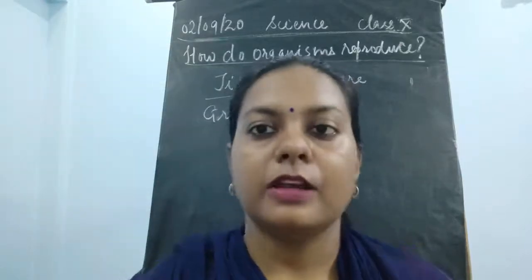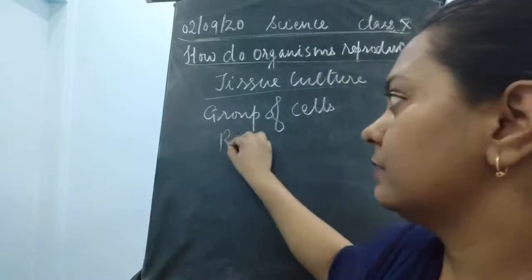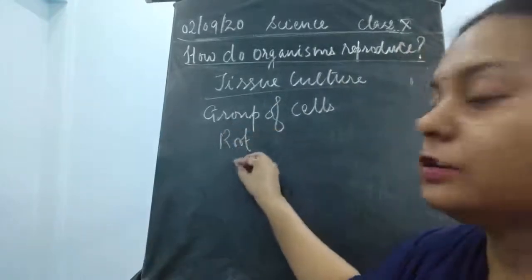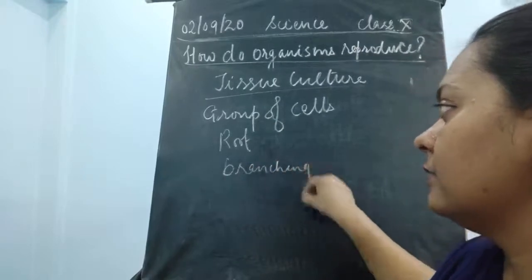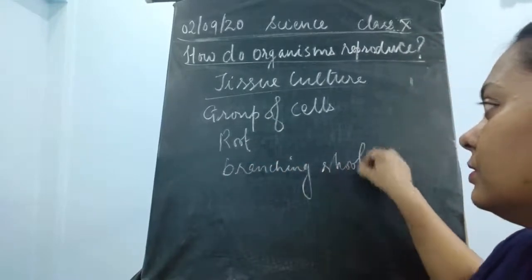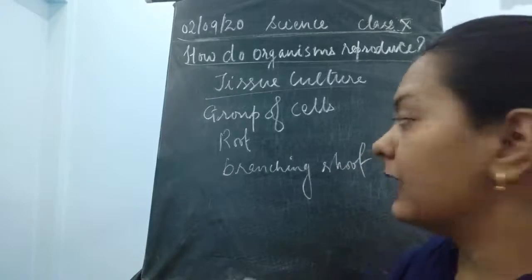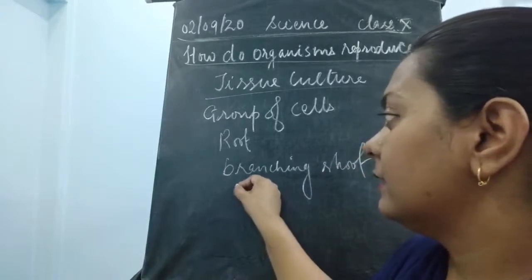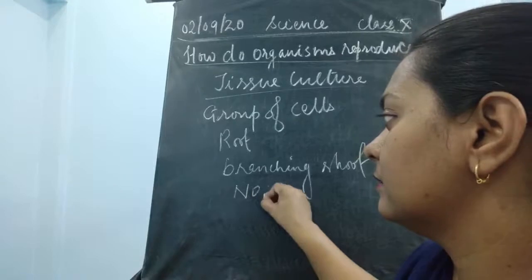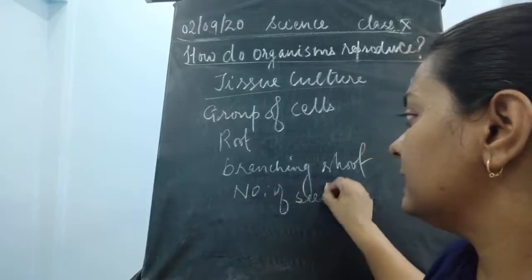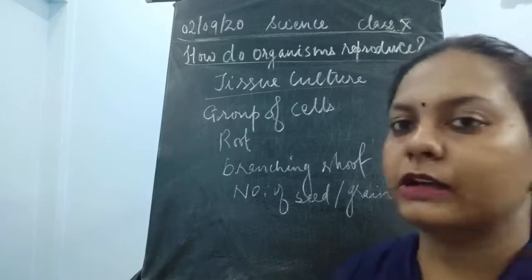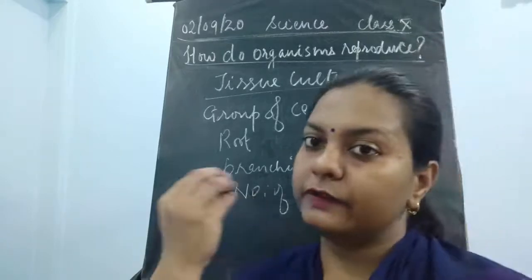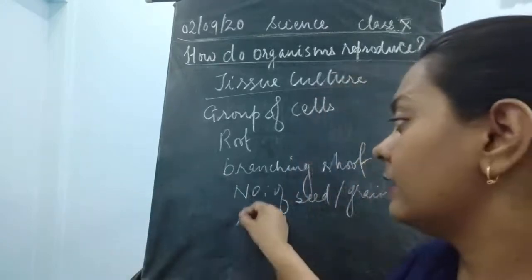I'll just write down the characteristics. Good root system is there, good branching system is there, with good shoot system. Then after that it could have the number of seeds, like number of grains. In the rice or in the wheat we can count the number of grains, and the type of long kernels.